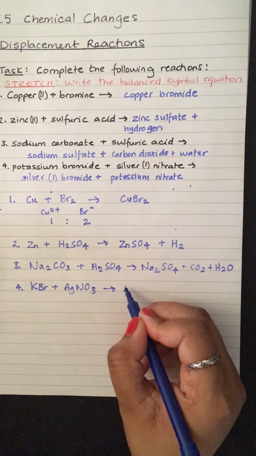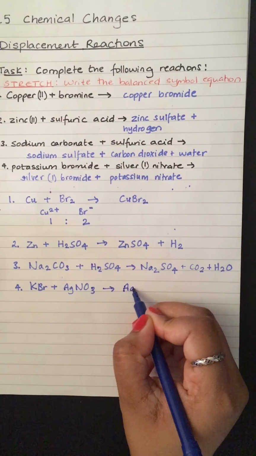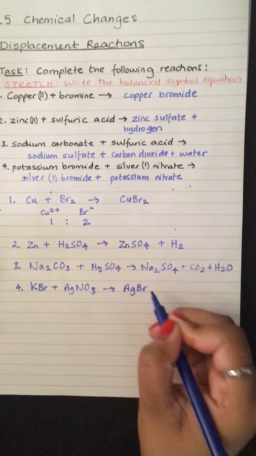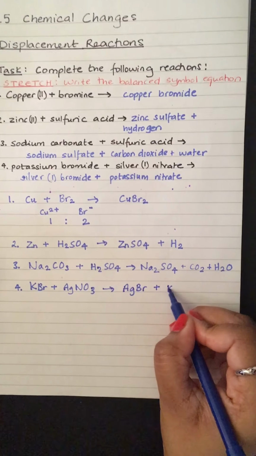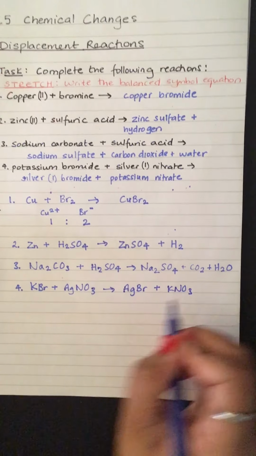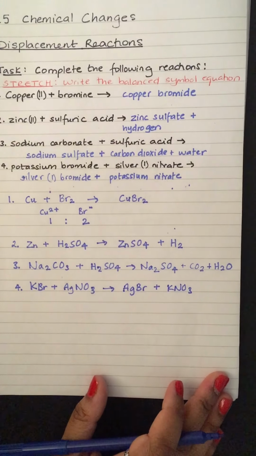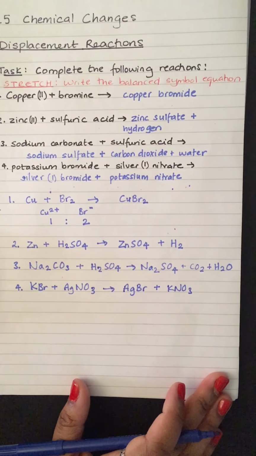We form silver bromide, AgBr plus KNO3. And well done if you've got all of those correct.